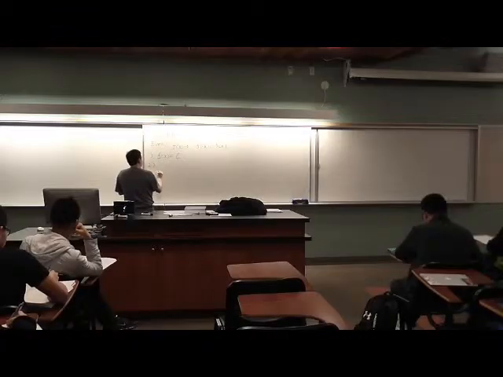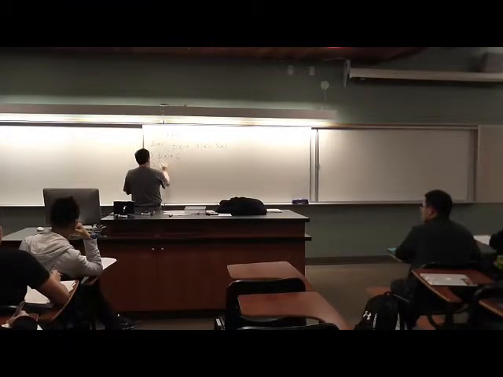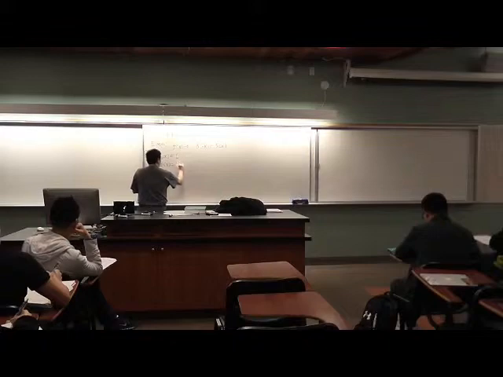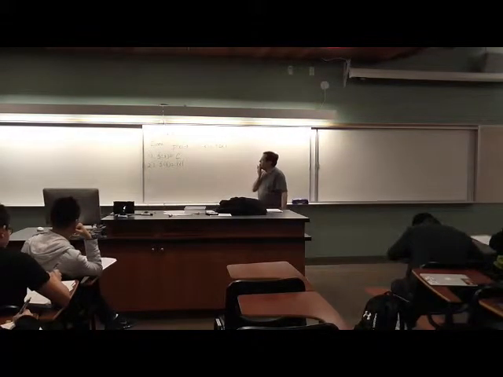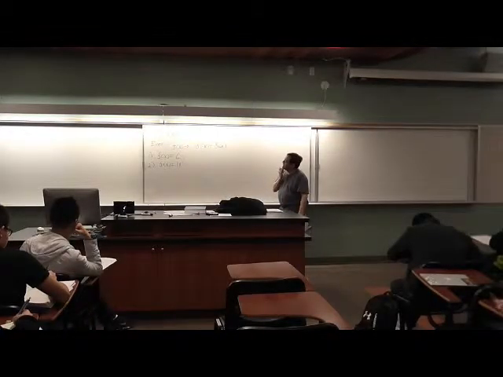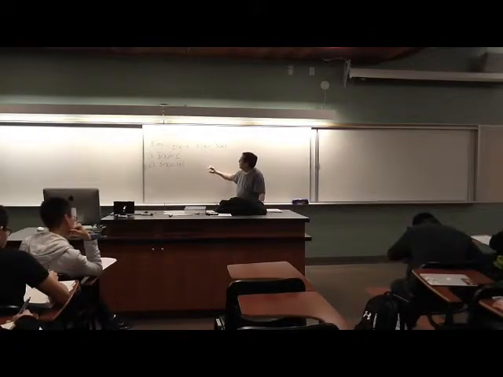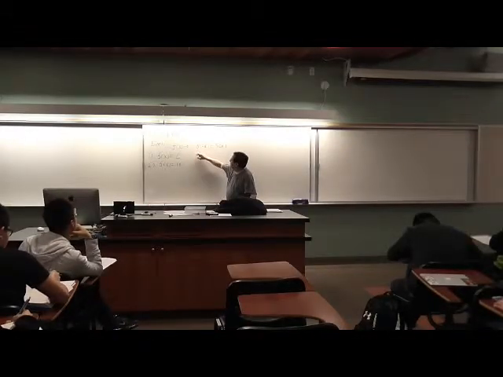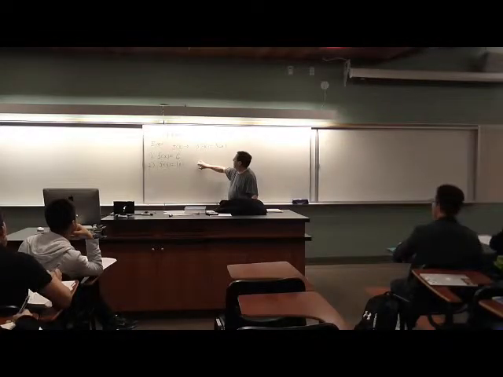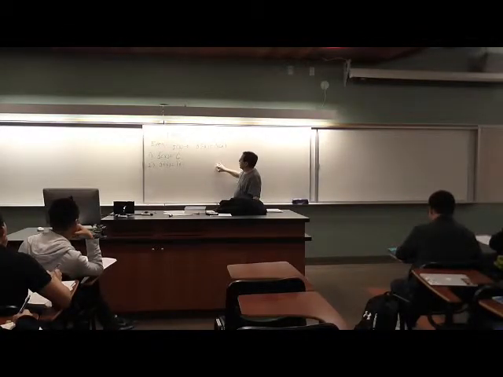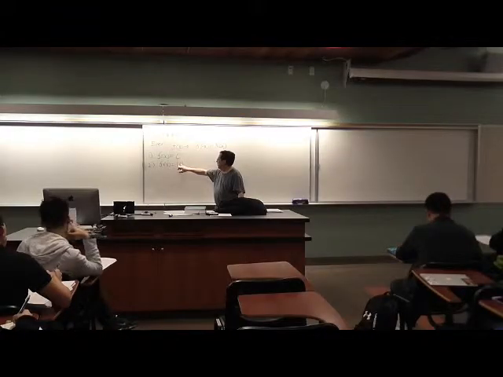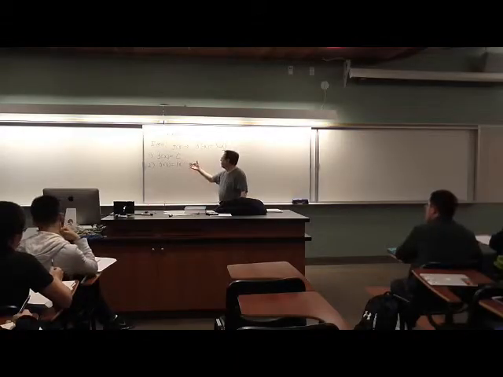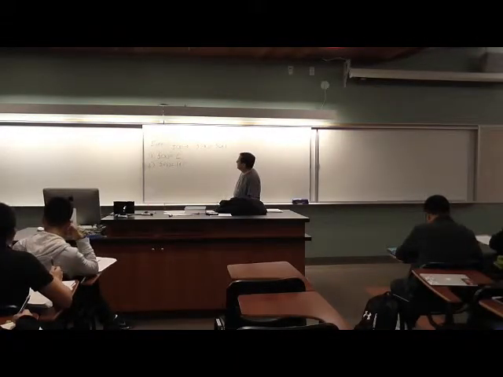Next, let's look at f of x equals the absolute value of x. Well, that's pretty clear, right? If x is minus 1, f is 1. If x is positive 1, f is 1. Absolute value turns a negative into a positive, so these are going to be equal.